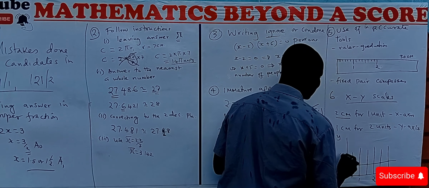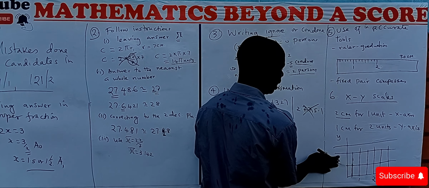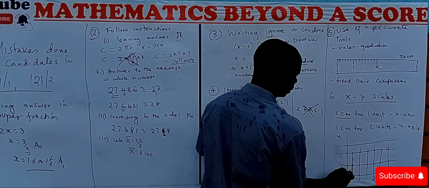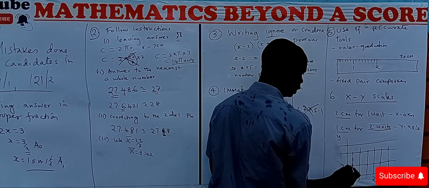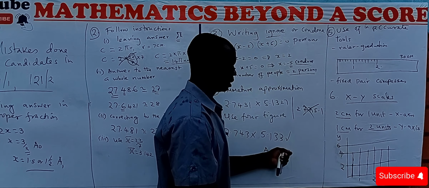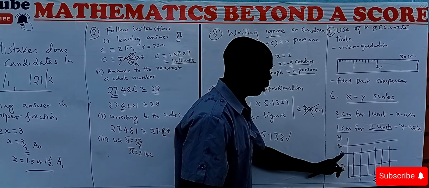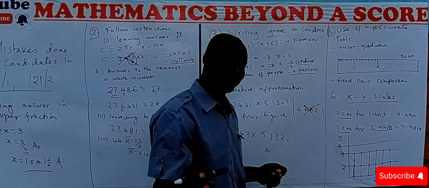For y-axis, if this one here is 1 centimeter, you write 2, because it is 1 centimeter for 2 units. 2, 4, 6, like that. So take caution of the units, the XY scales which they gave us.